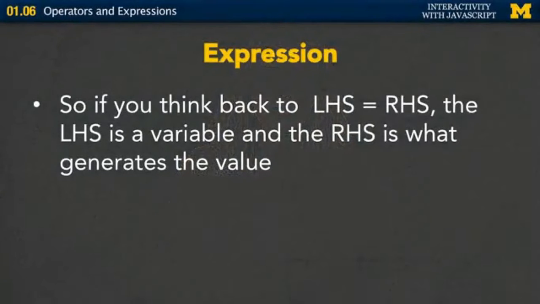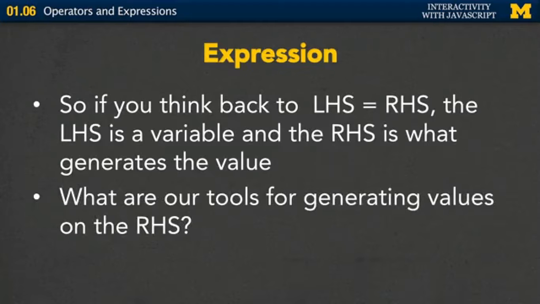So if you think back, I tend to talk about that left-hand side equals right-hand side, where the left-hand side is a variable and the right-hand side is that new value we want to be stored. What are our tools for generating different values on that right-hand side? We've seen direct assignments or calls to different functions, but there's more to it that we can do than just that.